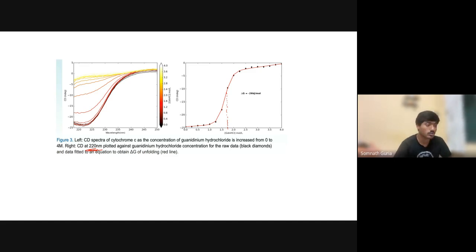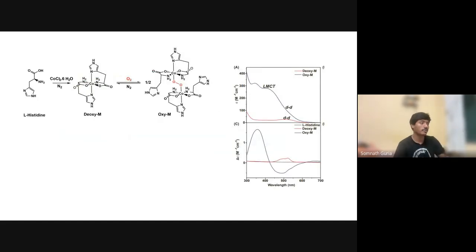Okay, so there is another example, from our own lab. We have a cobalt complex. We tried to find out an oxygen sensing criteria. We developed some catalyst which is very much reactive towards oxygen. One of my group members did this experiment. He took the histidine molecule, which is chiral in nature. As we know, this carbon is the chiral carbon.